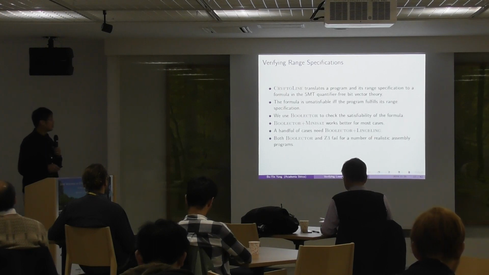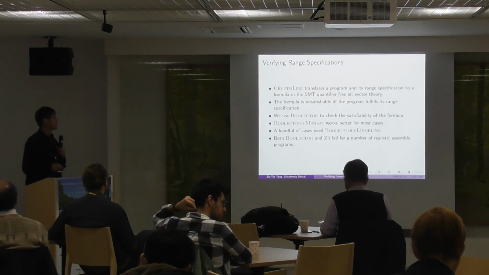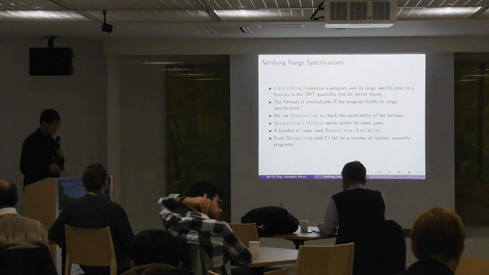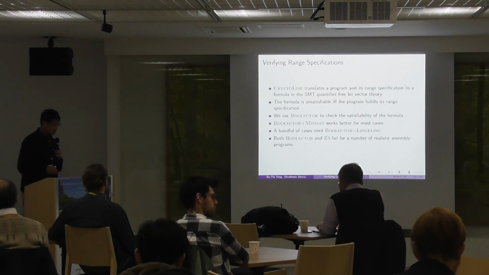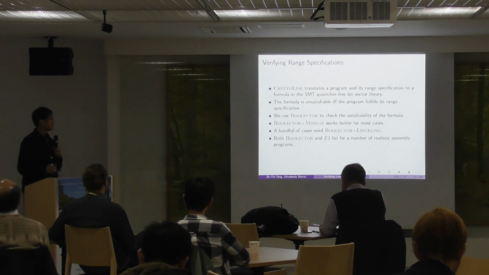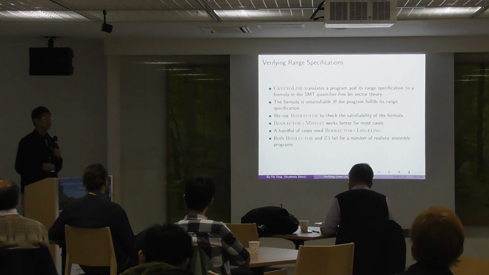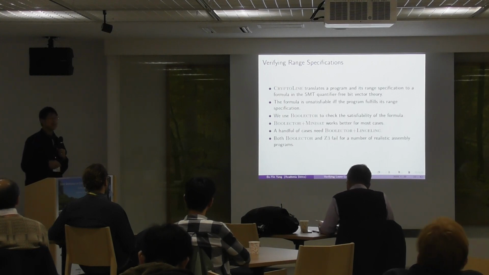All right, so to verify range specifications, we translate the program and its range specifications to a formula in satisfiability modulo theory, and the formula should be unsatisfiable if the program fulfills its range specifications. So notice that an SMT solver typically returns one of three things.